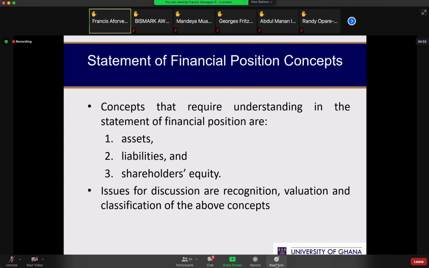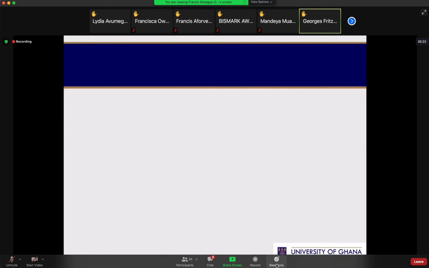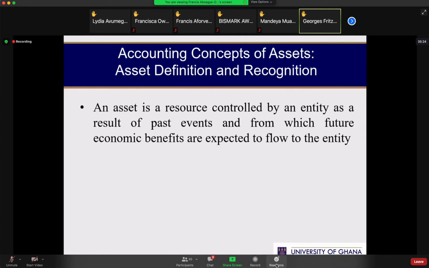An asset is an item or property owned by an individual or an entity. Okay, I think we will not say it is owned. Yes, George. Assets are resources controlled by an organization which has economic benefits.